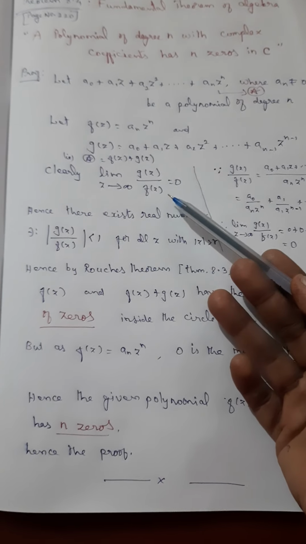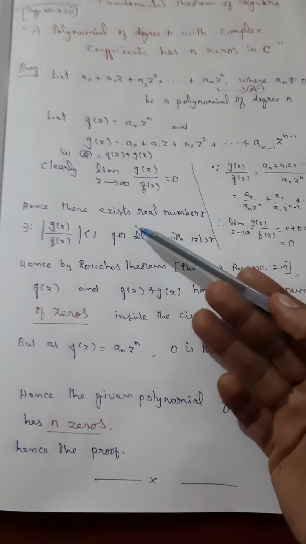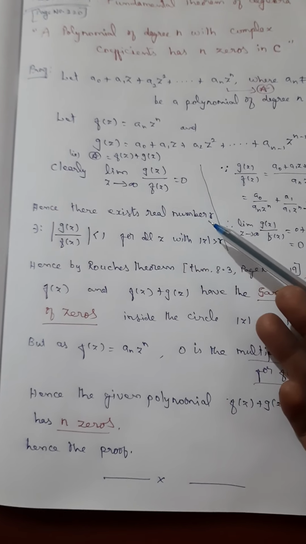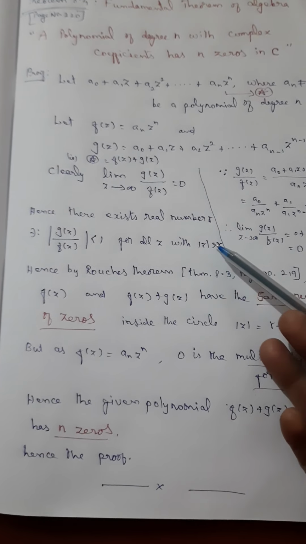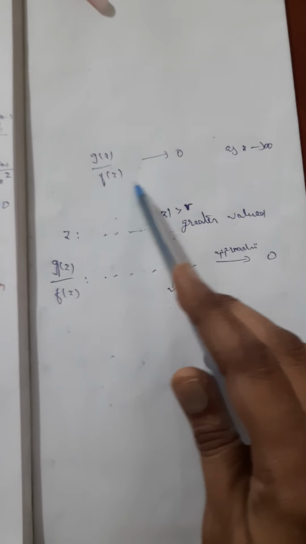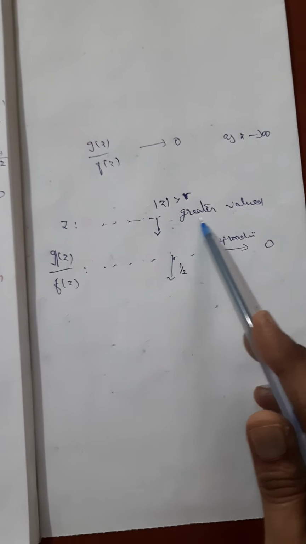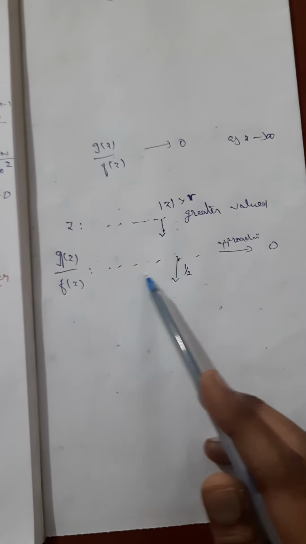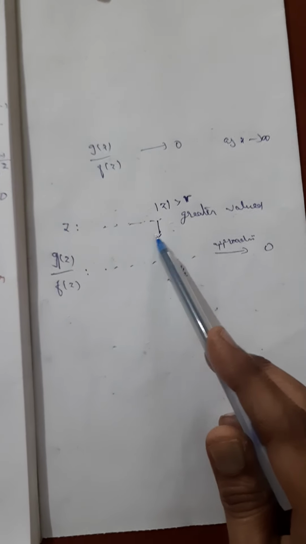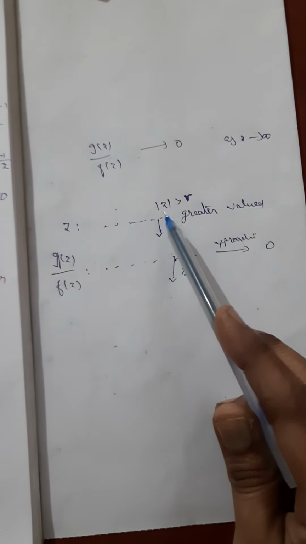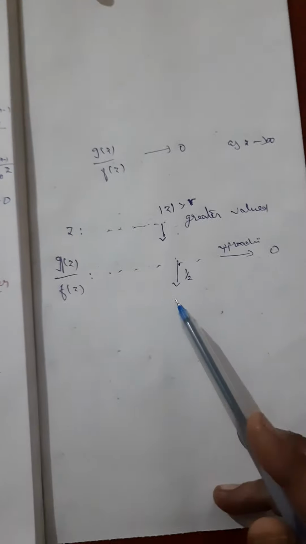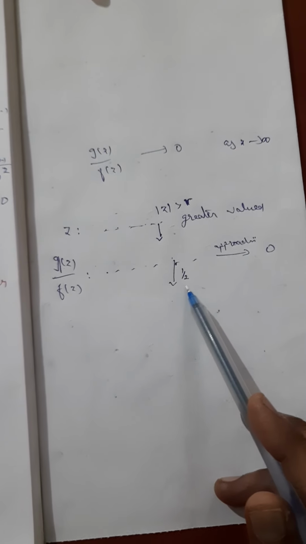So there exists some real number r in the boundary. The quotient function tends to 0 as z tends to infinity. That is, if we give greater values for z, this quotient function will tend to 0. So at some stage, that is modulus of z greater than r, this function will be less than 1.